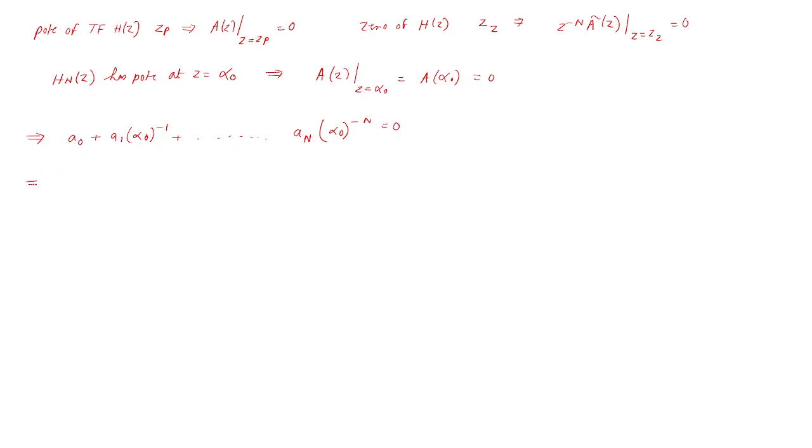Now if I take the complex conjugate on both sides, by the way, taking the complex conjugate means coefficient conjugation, and also take the conjugate of z also, which is here alpha naught, of course.